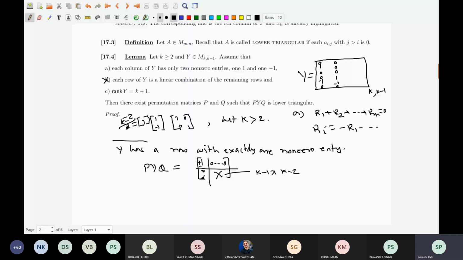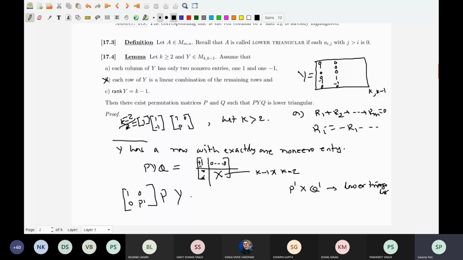So therefore, the induction hypothesis is applicable to X. And so you will have some permutation matrices P' and Q' such that P'XQ' is lower triangular. Then you multiply: diag(1, P') times PYQ times diag(1, Q').